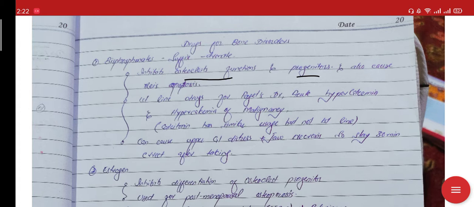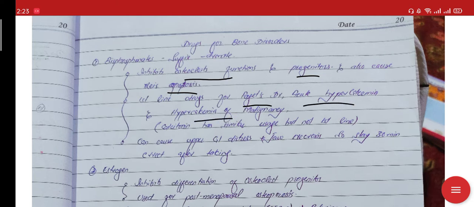And the next thing is they also cause apoptosis of the osteoclast progenitor cell. So all these various effects inhibit the osteoclast functions. They are the first line drugs for Paget's disease, acute hypercalcemia, and hypercalcemia of malignancy.